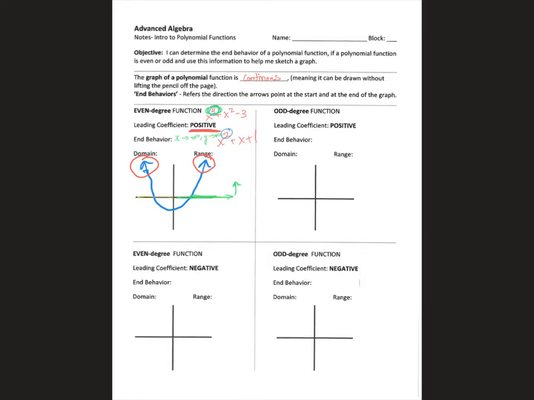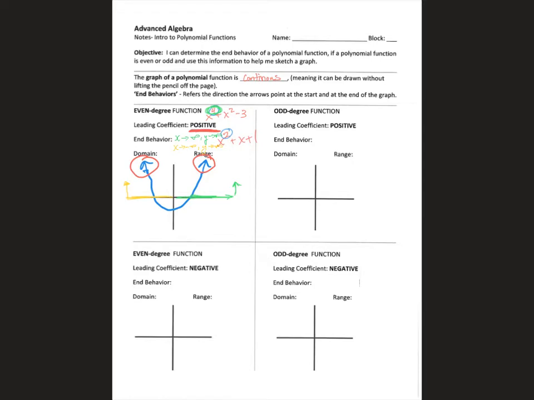As x gets negative, so as x is getting smaller and smaller and smaller, where is y going? It's still going in the positive direction. So as x is getting more negative or smaller and smaller and smaller, it looks like y is getting bigger and bigger and bigger. And that should still make sense because negative 2 squared is a positive 4.